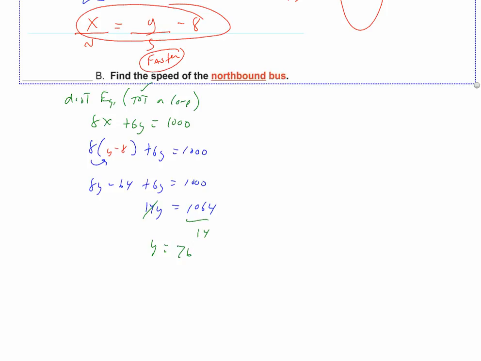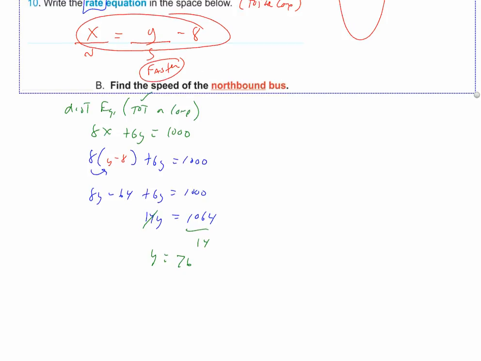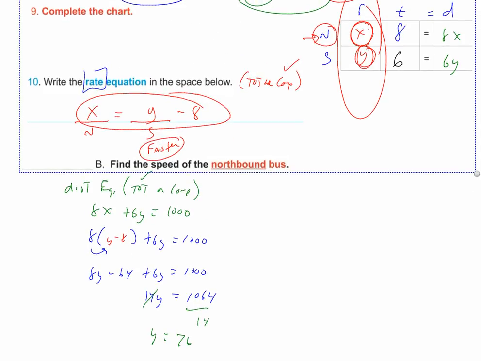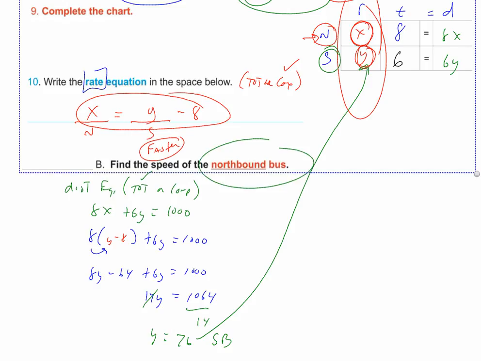Anybody happen to put 76 in the blank? Because 76 is not the answer. Again, I labeled the rows of my chart, and I know that 76 is the southbound train. The question asked for the northbound. Therefore, I've got to solve for the other variable.